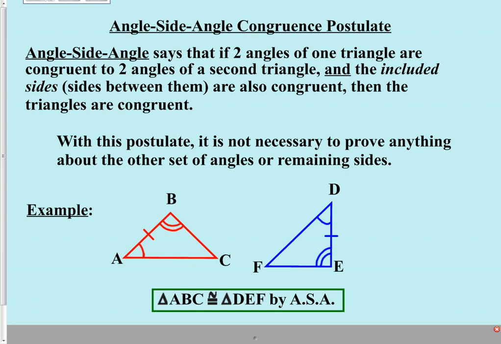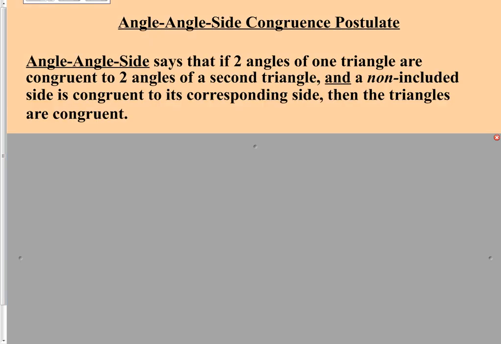The other one that we're looking at today that deals with more angles than it does sides is angle angle side. Now, as you can probably guess, the only thing that is different between angle side angle and angle angle side is the order of the information that we have. This one wants a set of angles, then a second set of angles, then a set of sides, in that order.